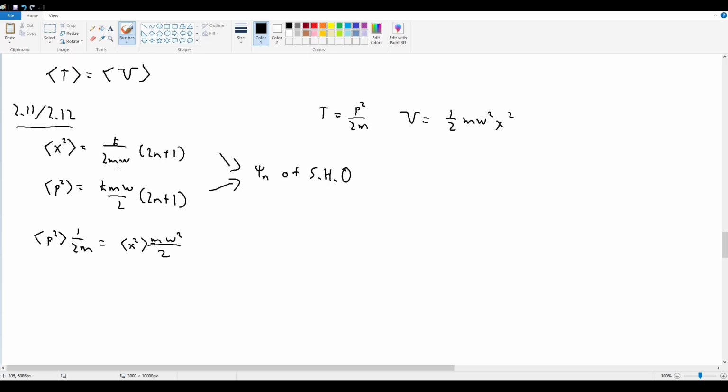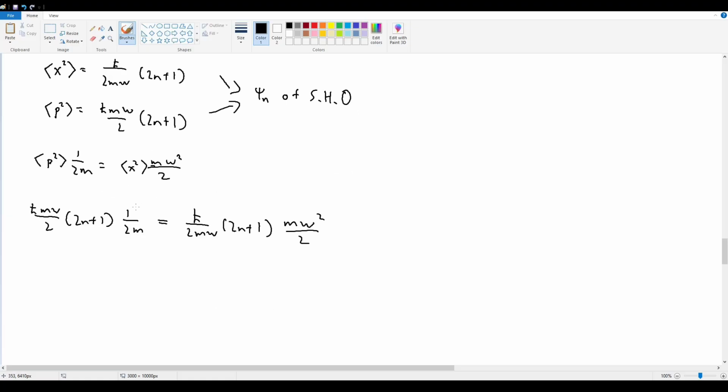Well, let's plug this in. We have h bar m omega over 2 times 2n plus 1 times 1 over 2m on the left. And then we have being equal to h bar over 2m omega times 2n plus 1 multiplied by m omega squared over 2. Okay, so do these equal? On the left side, you have h bar m omega over 4m, so the m's cancel.